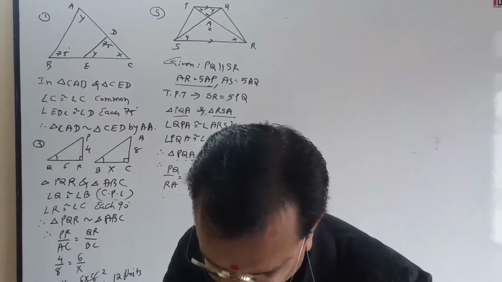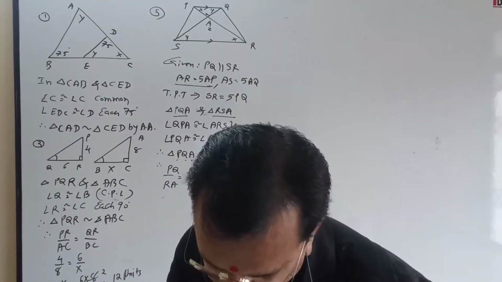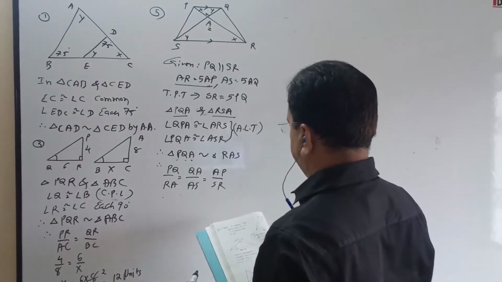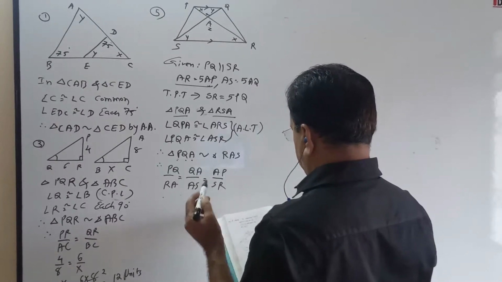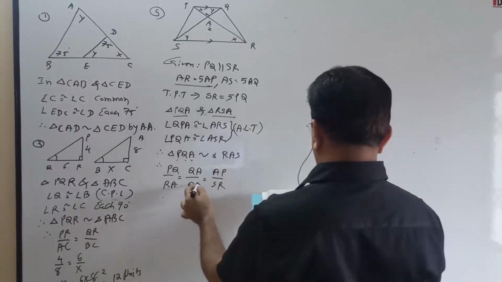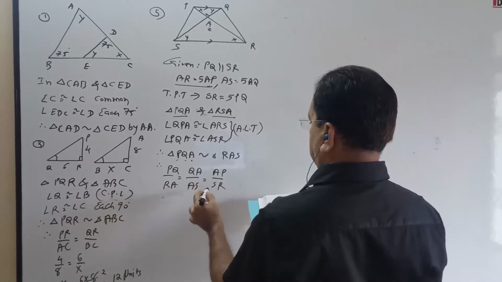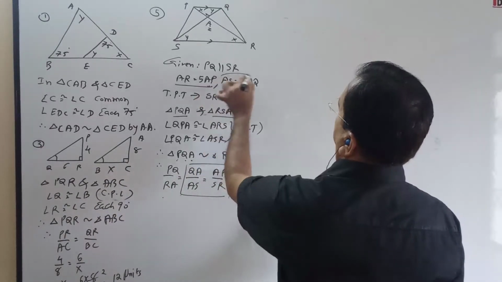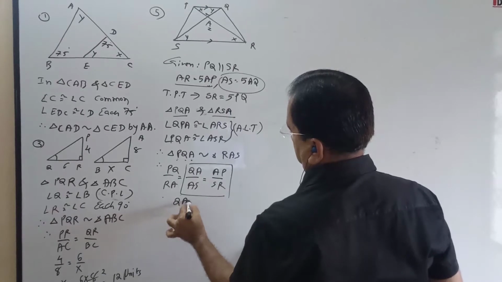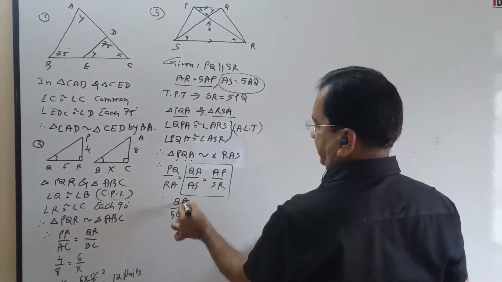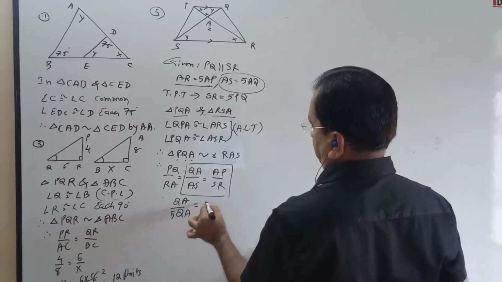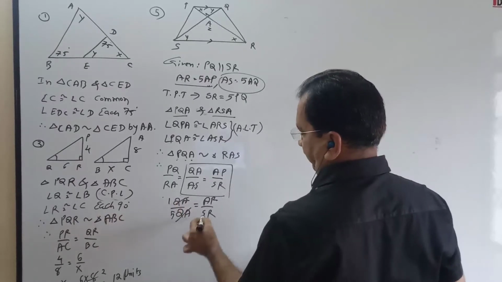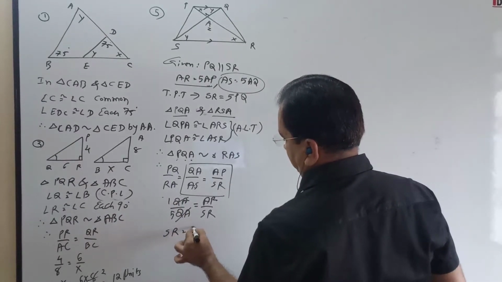So first, AR is equal to 1/5. This we will take. So AS is equal to 1/5 AQ, which equals AR, SR. This cancels, so it is 1 by 5, cross product. SR is equal to 1/5 of AR.